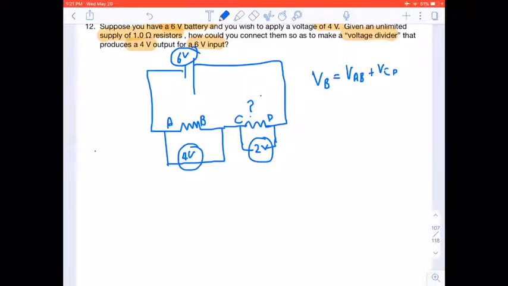Okay, but if we want to know the voltage across CD, it is the voltage of the battery minus voltage across AB, which would mean it is 6 volts minus 4 volts. That means CD must be 2 volts. Okay, 2 volts. As I've shown you there, it has to be 2 volts.